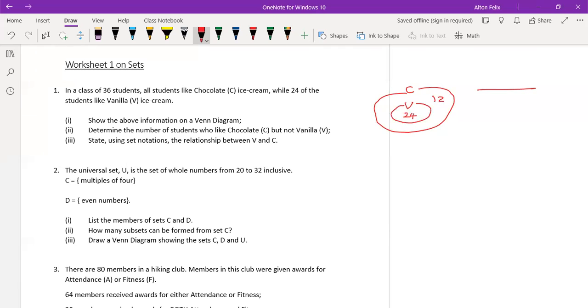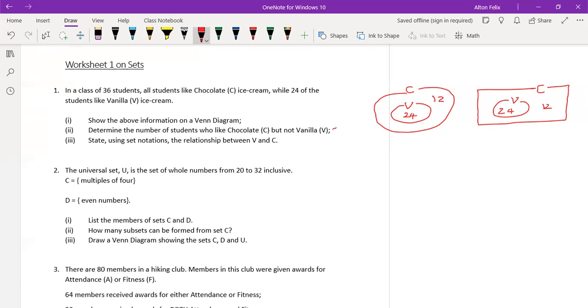So we have demonstrated that using a Venn diagram. It doesn't matter if we use for the universal set a rectangle. I have chosen to use a circle. And of course, you could put in your set V here as shown. Okay, so determine the number of students who like chocolate, but not vanilla.